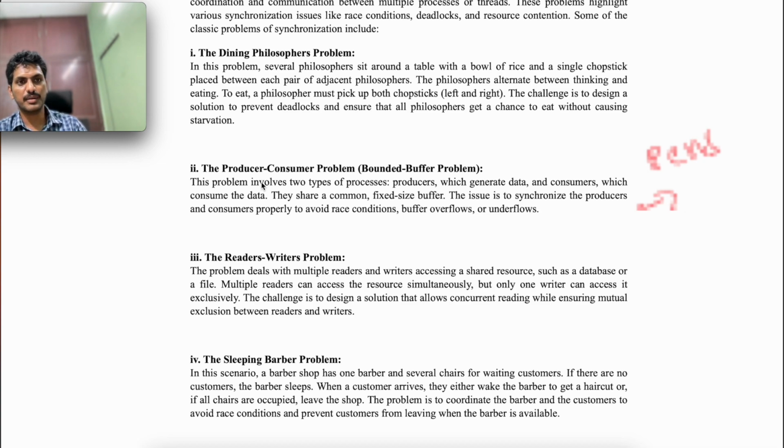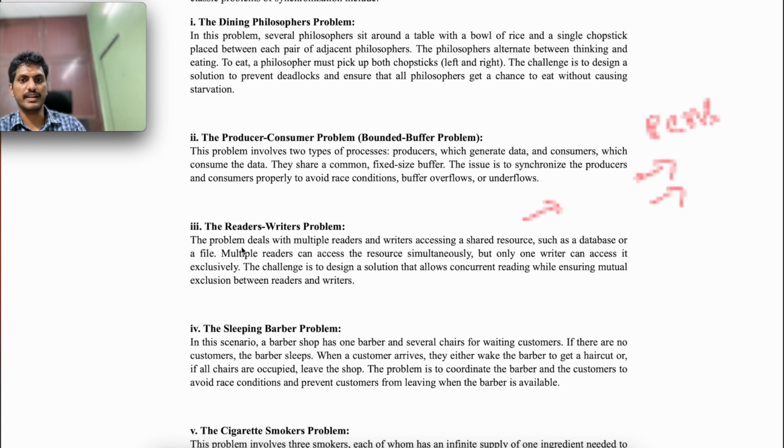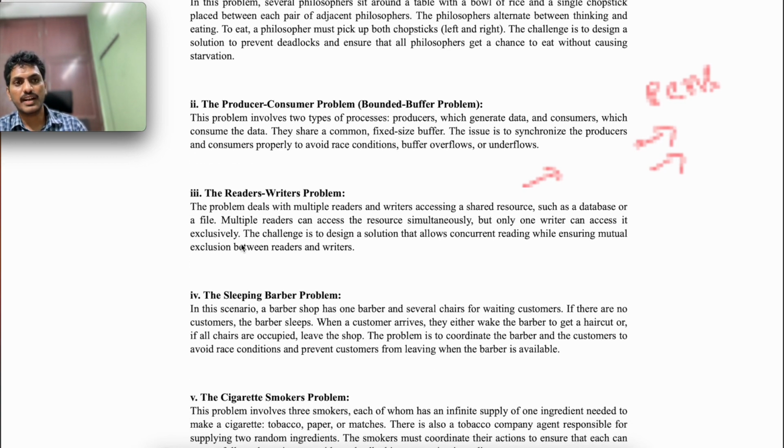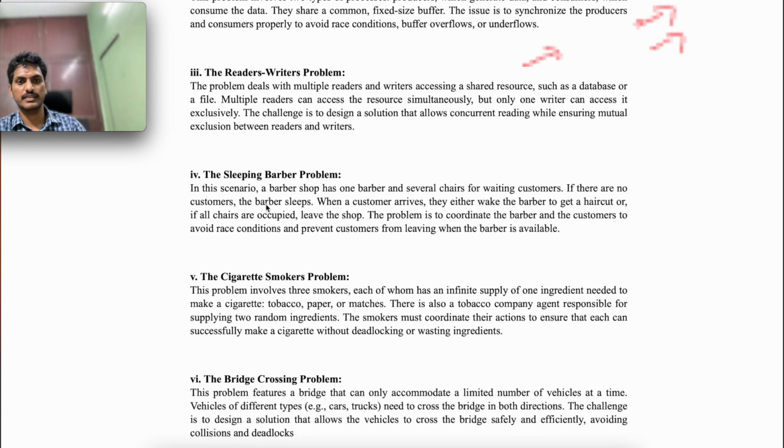The second problem is there are too many buyers but no producer. That is also a problem. There should be coordination. Readers, writers. If you are writing something, there should be readers on the other side. If you are reading here, someone has to write. That coordination should be there.